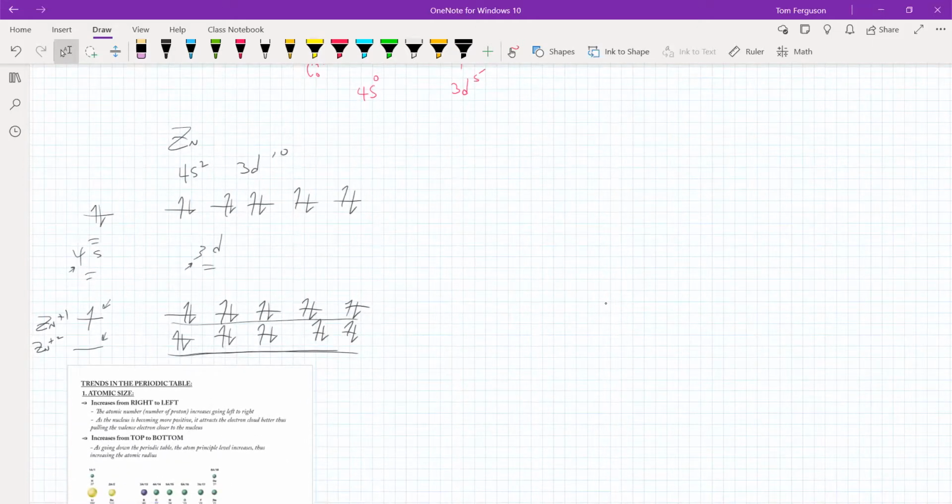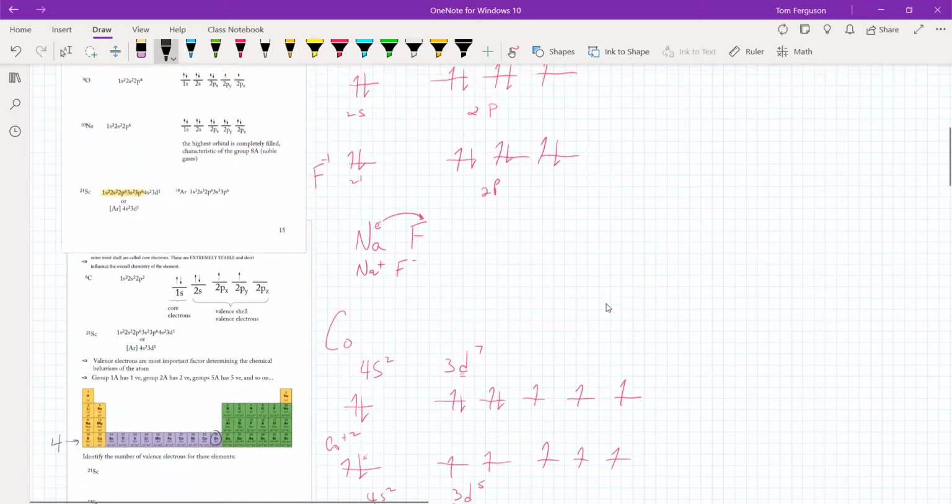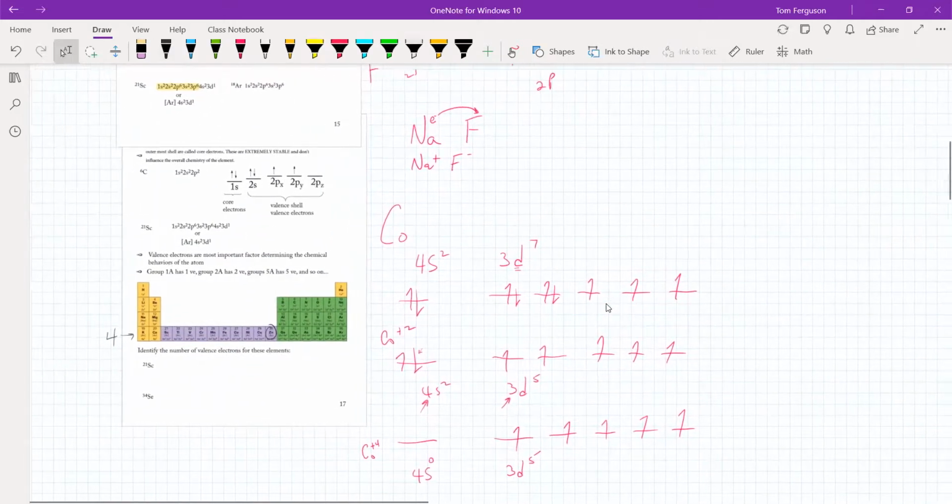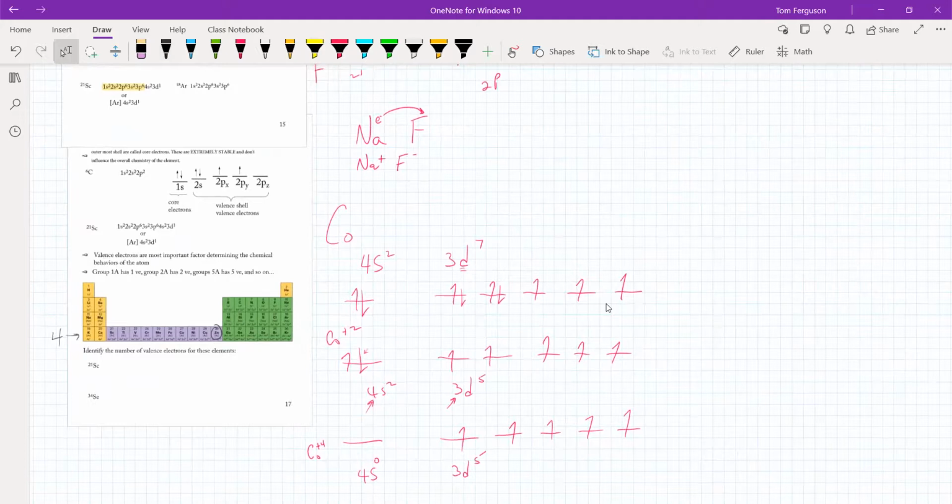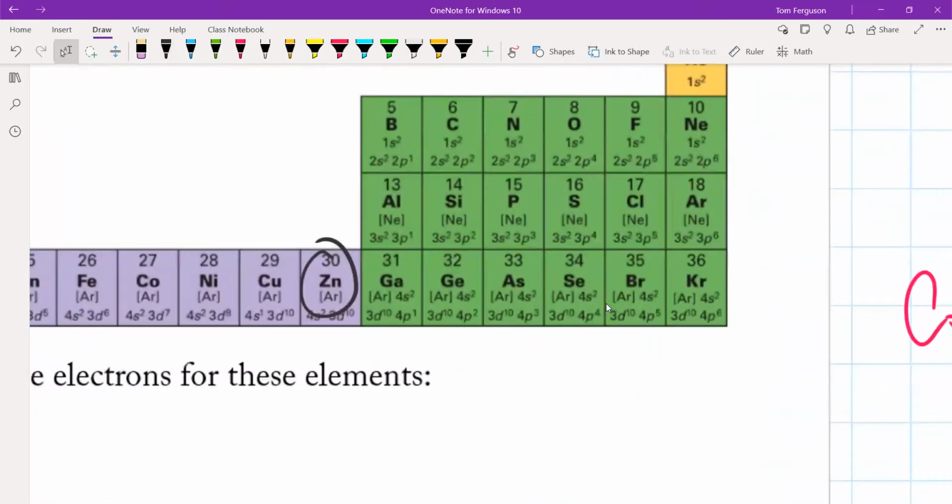Okay, if we look at copper, copper is going to be right here next to zinc. So it's going to have 9 3d electrons. Okay, and I want you to look at that.